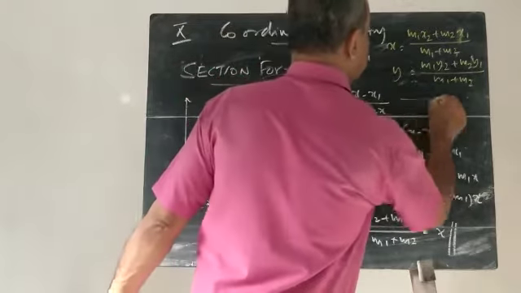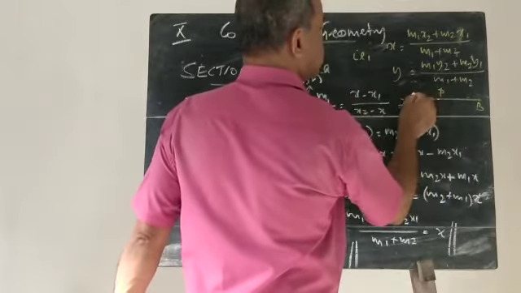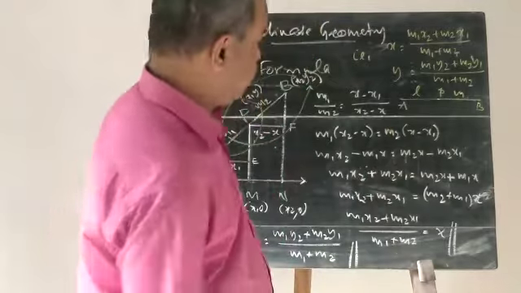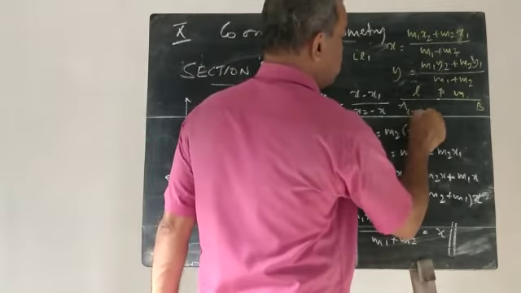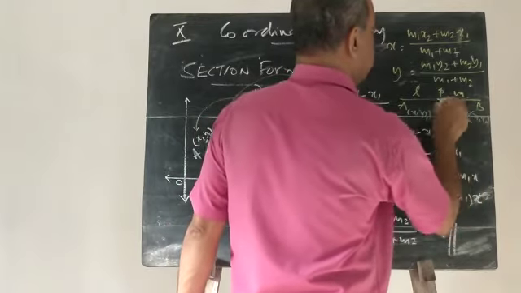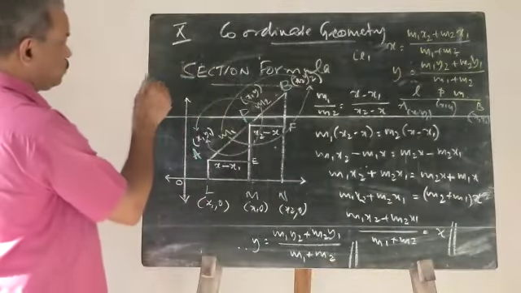Suppose line AB is divided by P in the ratio l is to m, with A (x1, y1), B (x2, y2) and P (x, y). Then what is x?